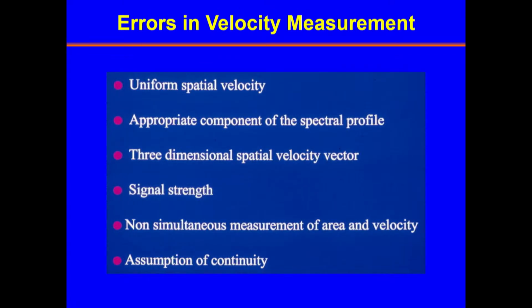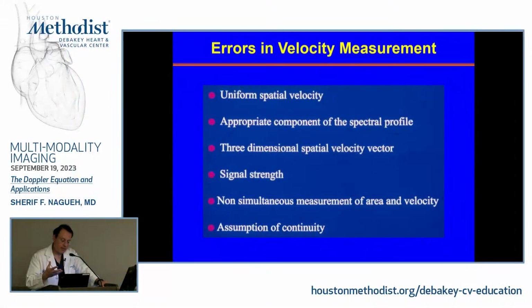So we focused in the previous 2 slides on errors in diameter and area measurements. There can also be errors in velocity measurements. So the first one is the assumption that it's a uniform spatial velocity. No matter where you do the cross-section in that cylinder, the velocity is the same. We know that this is not the case, particularly if you're looking at areas of stenosis or ectasia being present in a vessel.